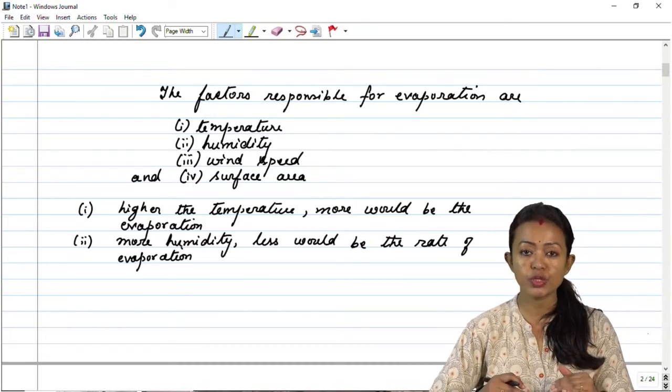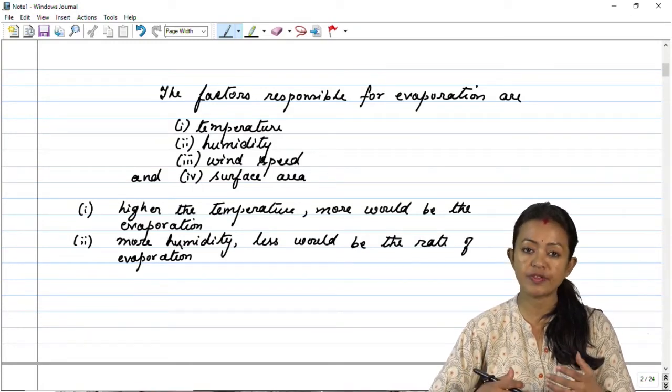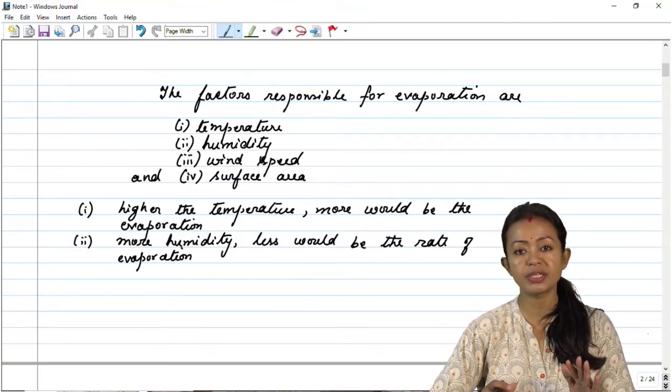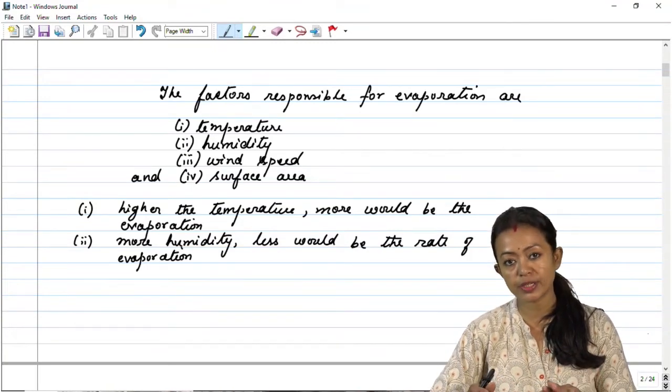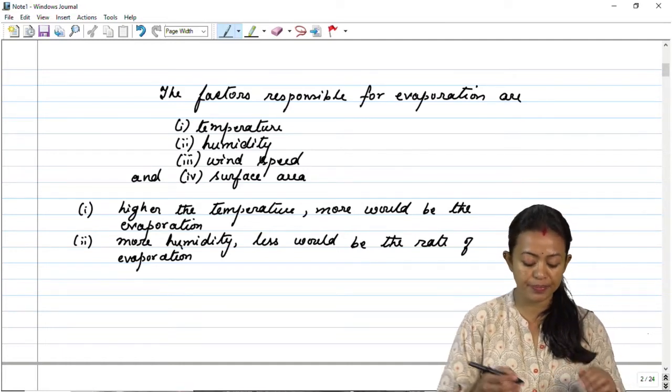The water molecules would readily get converted into the vapor phase, and thus the rate of evaporation would also increase. So you need to understand that a high level of humidity would reduce the rate of evaporation, whereas less humidity will increase the rate of evaporation.